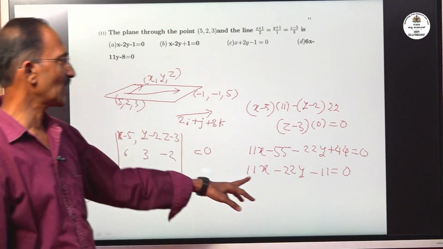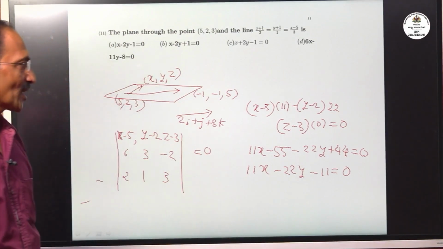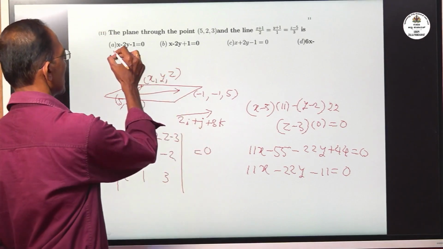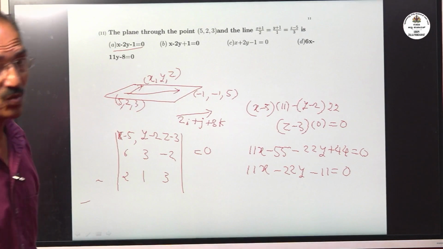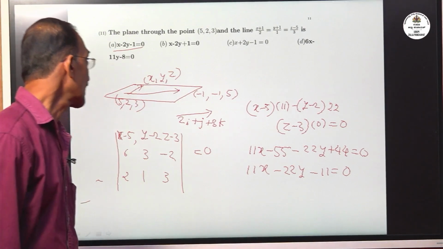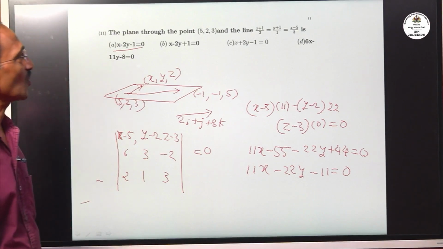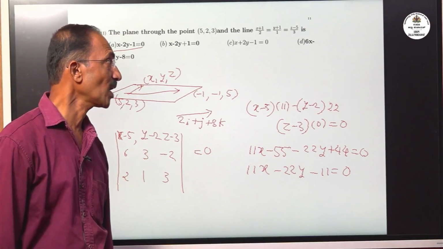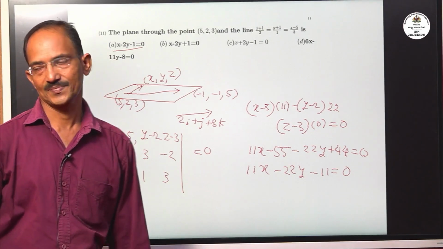If you divide by 11, you are getting x minus 2y minus 1, which is the right answer, the equation of the plane through the point (5, 2, 3) and the line (x plus 1) by 2, (y plus 1) by 1 and (z minus 5) by 3.